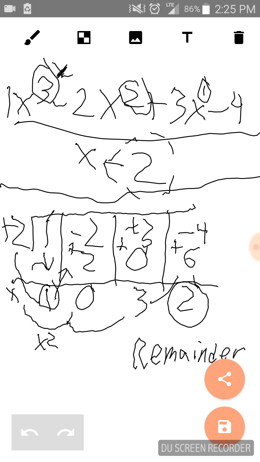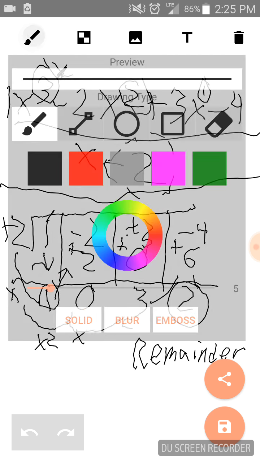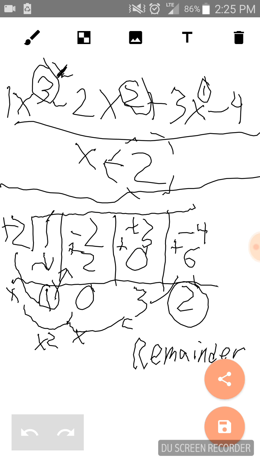The 0 will just become x, and the 3 will become a constant. So 3 becomes a constant, 2 becomes a remainder.